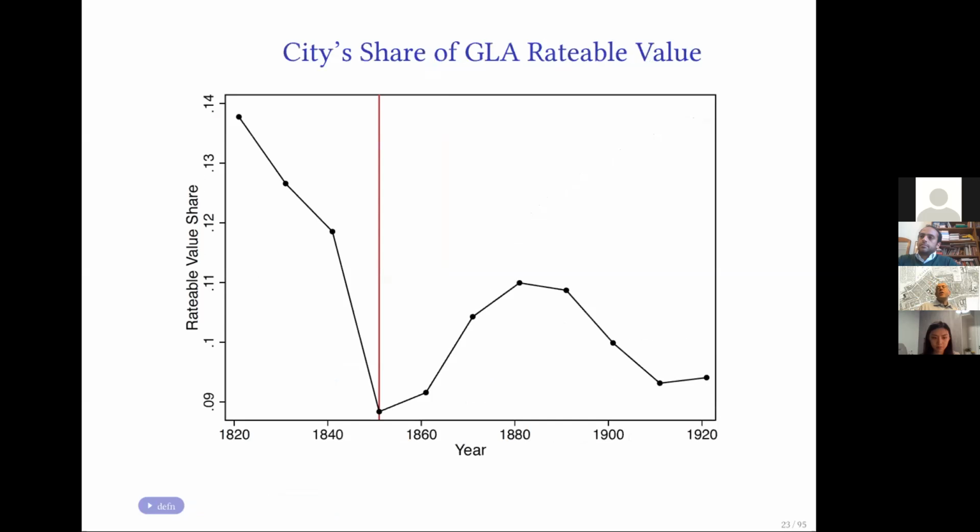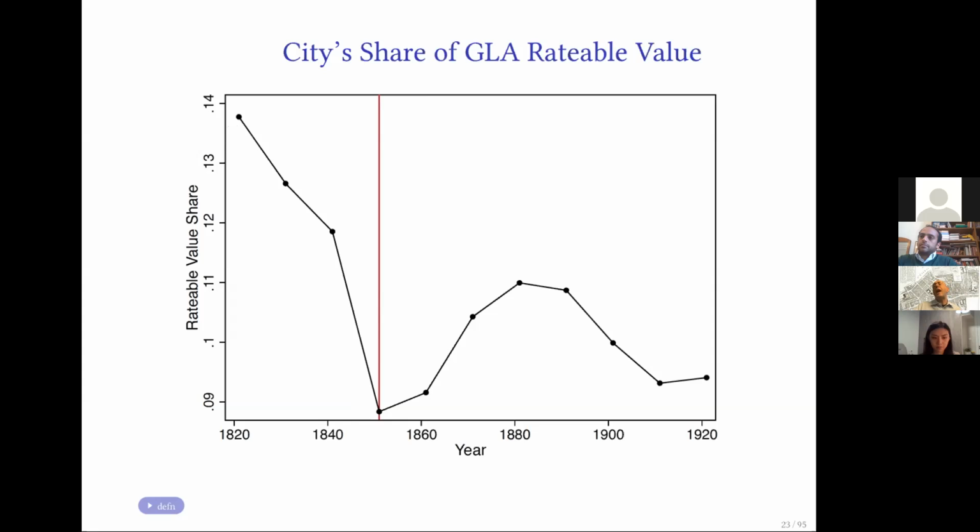Another piece of evidence on what is going on: we show here the City of London, the old Roman heart's, share in the total value of all land and buildings in the Greater London area. What do you see here? Well, in the first half of the 19th century, the City of London's share is declining over time. That makes a lot of sense. Why?